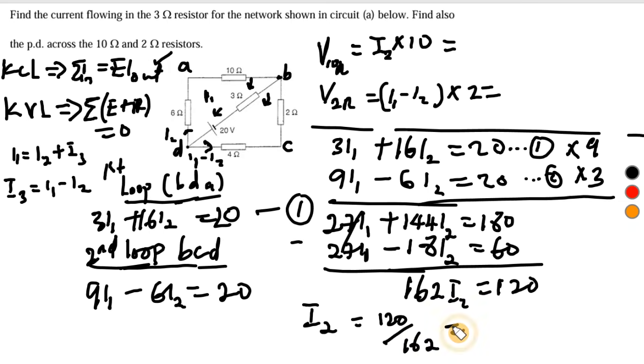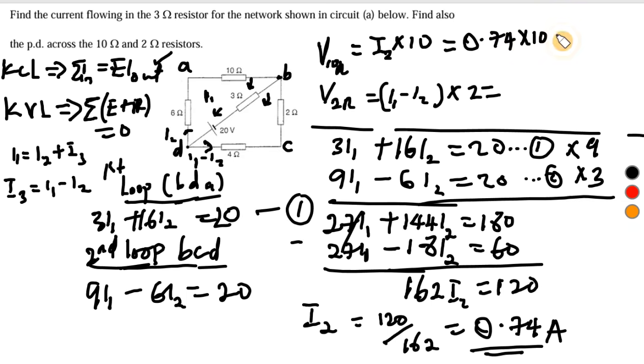So 120 divided by 162 gives us 0.74 approximately ampere. Notice quickly that we have found I2. So we can have now 0.74 times 10, which is 7.4 volts.